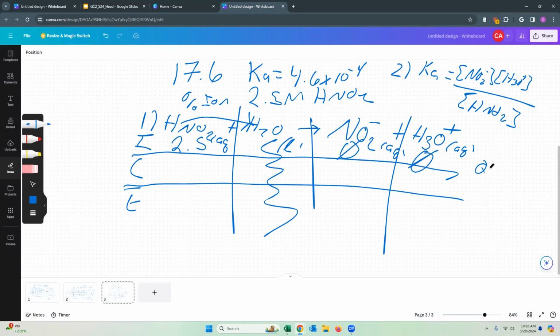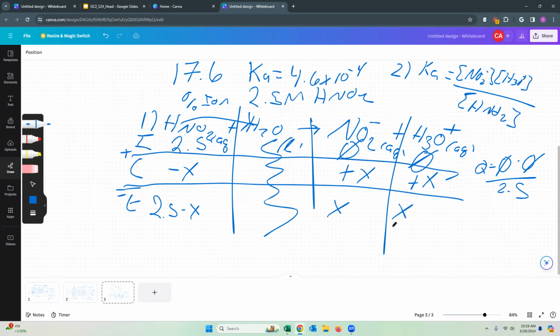We can check out Q. Q is the same as K, just initial in this case, so 0 times 0 divided by 2.5. Again, Q is 0, make products. So we lose reactants, make products. I plus C equals E. 2.5 minus X, X, X.